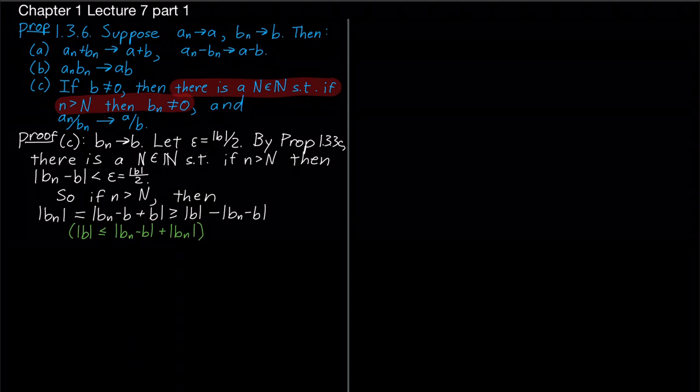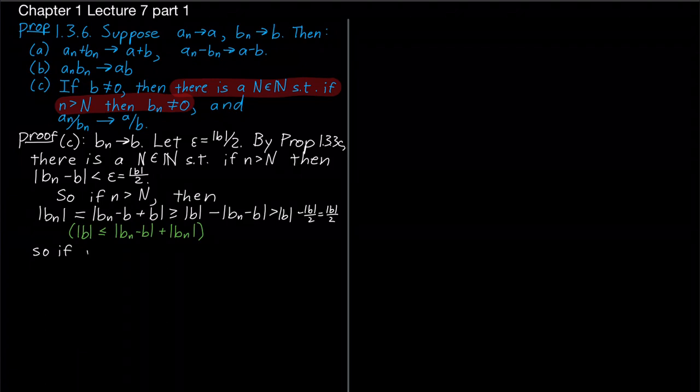So then this is greater than the absolute value of B minus the absolute value of B over 2, which is the absolute value of B over 2.